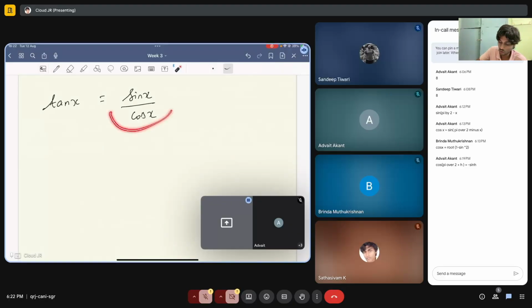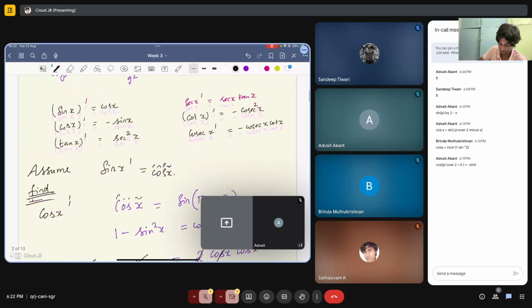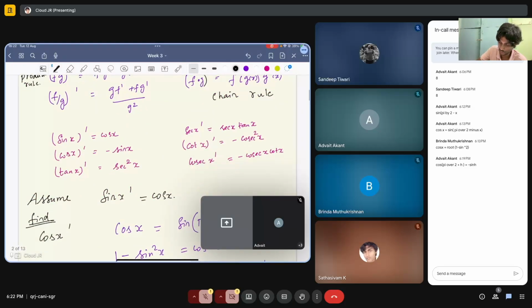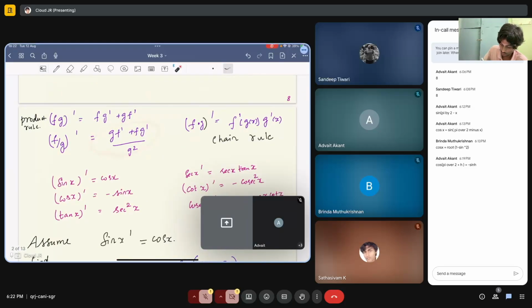So when you have a quotient of two functions, you apply the quotient rule here. If you have (f by g) prime, this will be gf prime, so this one has to come first, gf prime minus fg prime, divided by g squared.